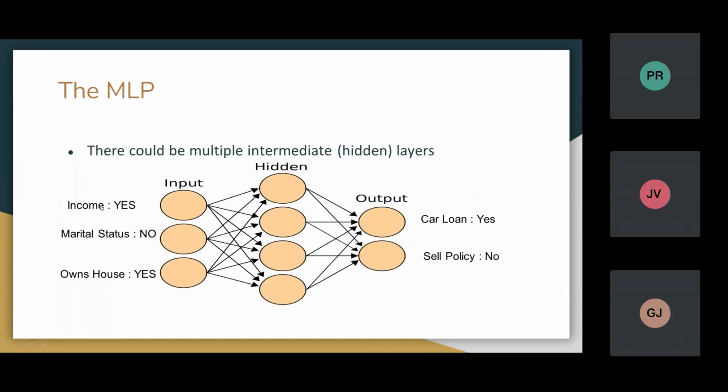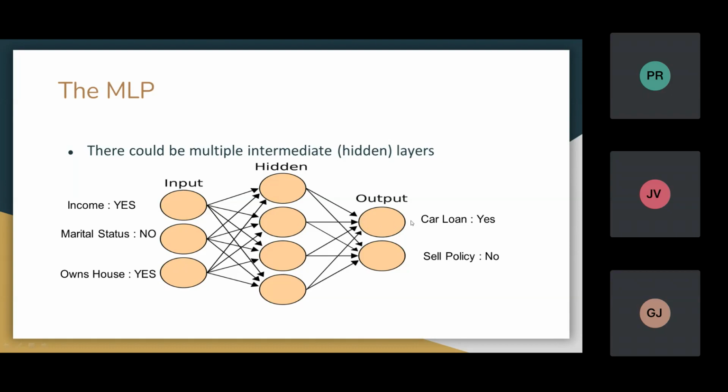So here is my income as an input, marital status as an input, owns house as an input. These all inputs trigger the input nodes, and the input nodes are connected to the intermediate hidden nodes, as we call them. And you have got a whole bunch of weights over here on these linkages, and those weights will decide which factor is more prominent, which factor is not so prominent, and that will decide what exactly will be the computation carried out in the hidden layer as well as in the output layer.